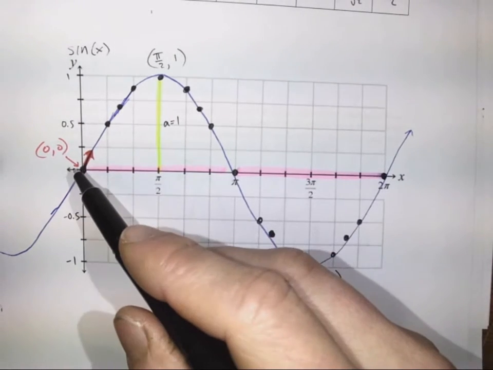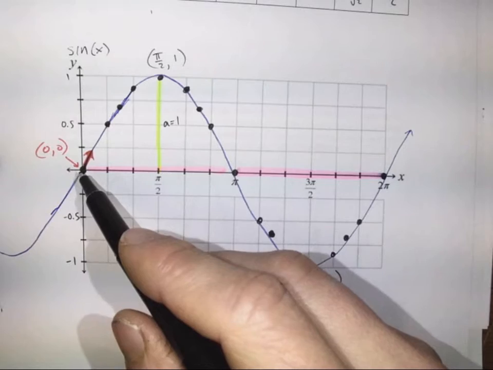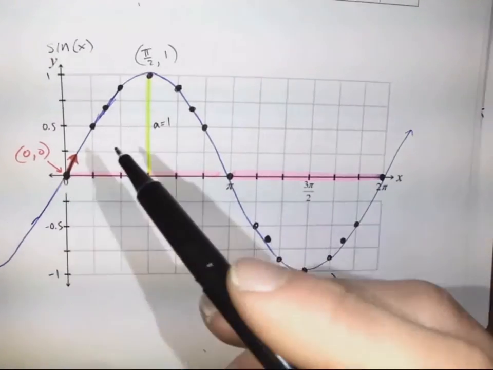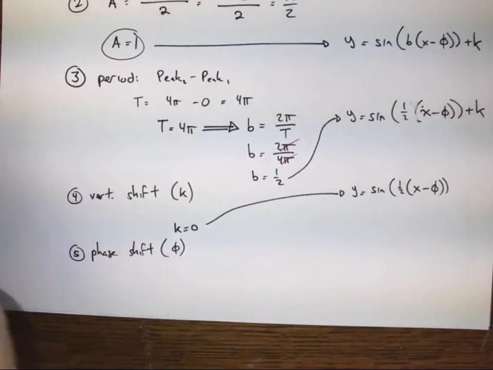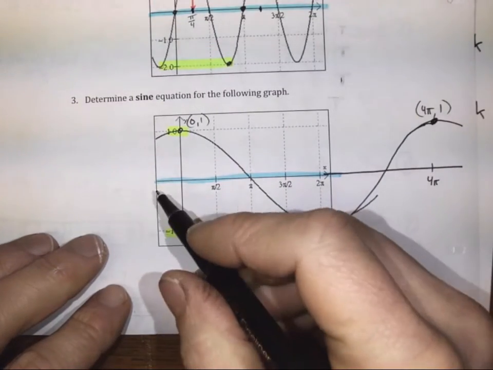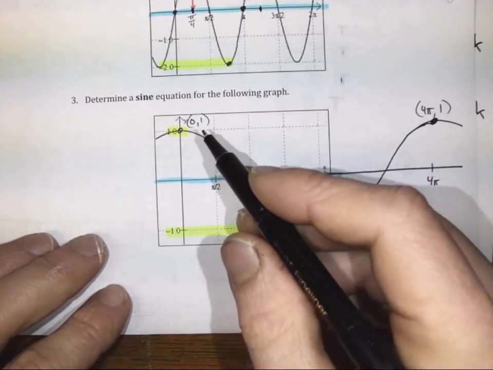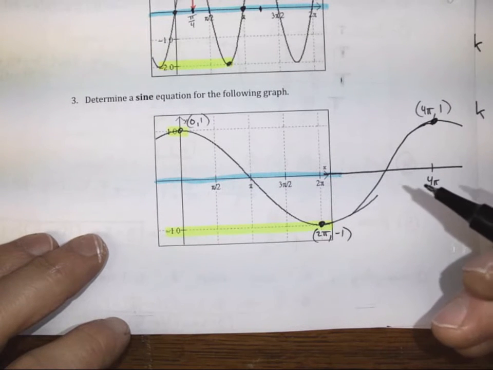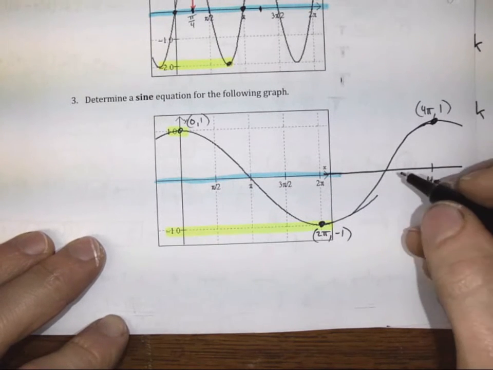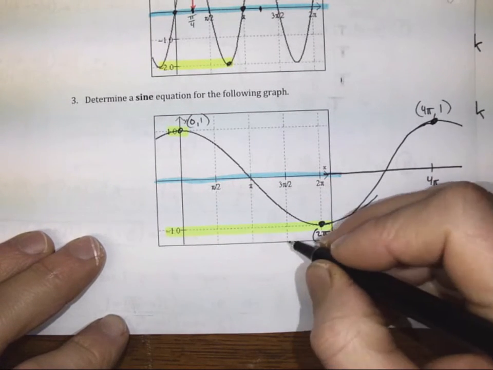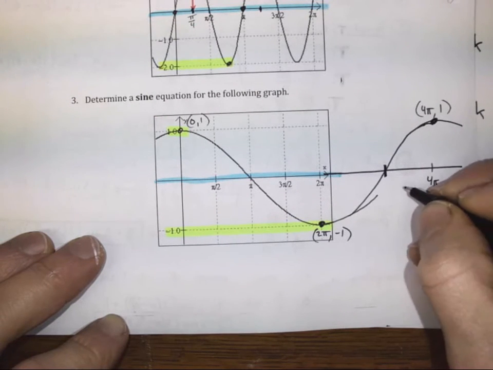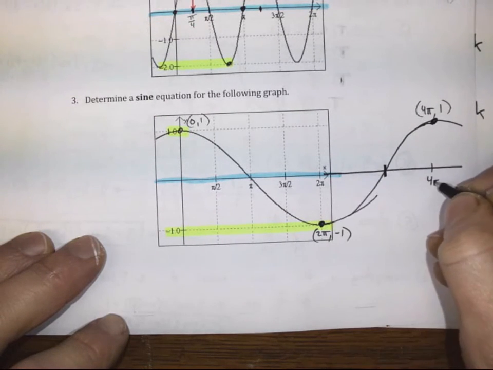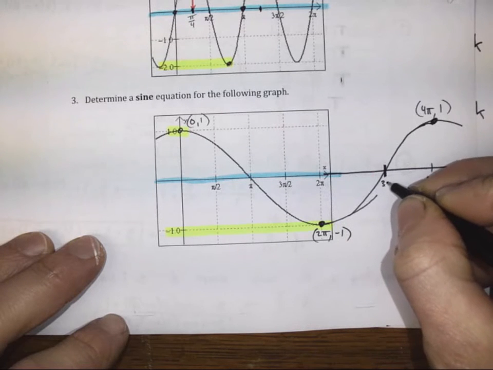And we're just really focused on how this differs from the y-axis. Okay. And so I look on our curve. We say, well, where is it that it seems to be doing that? It is not obvious. However, I can see that it kind of does that here. I have a peak and a trough, and halfway between is where it would cross. It looks like halfway between 2 pi and 4 pi is 3 pi.